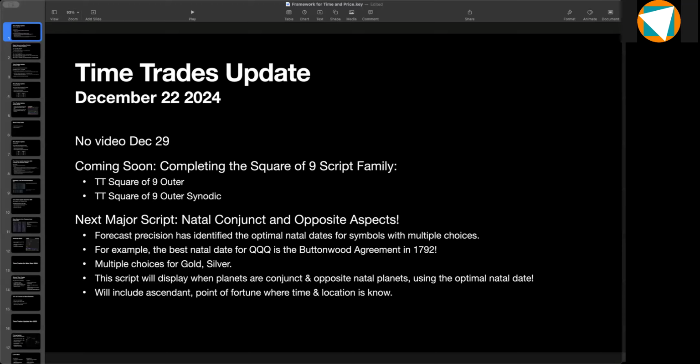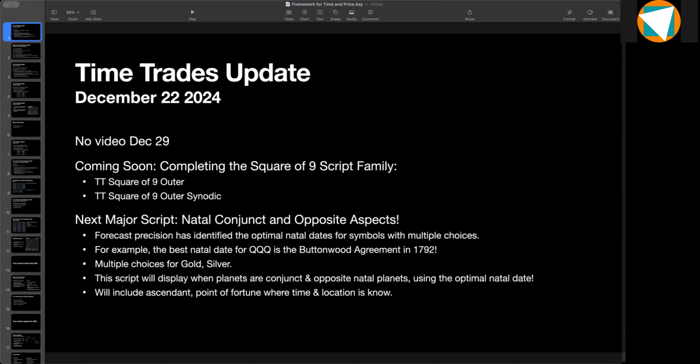One of the things we're going to be doing in that natal script is taking advantage of some of the AI capabilities to identify the optimal natal date, because sometimes there are multiple choices for a natal date. For example, for SPX or DJI, should we use a modern date like in the 50s for SPX, or for QQQ that started trading in 1971, should we use that 71 date? Which one's better?